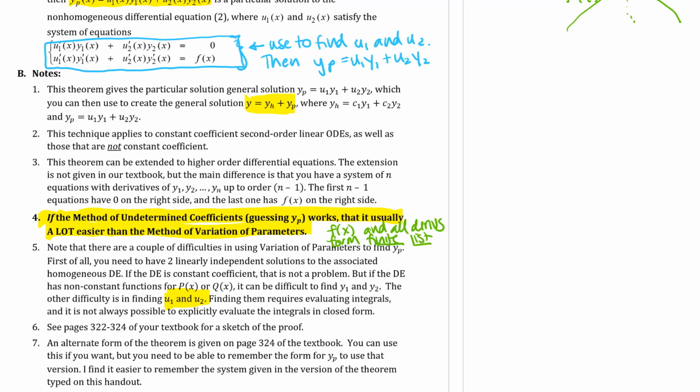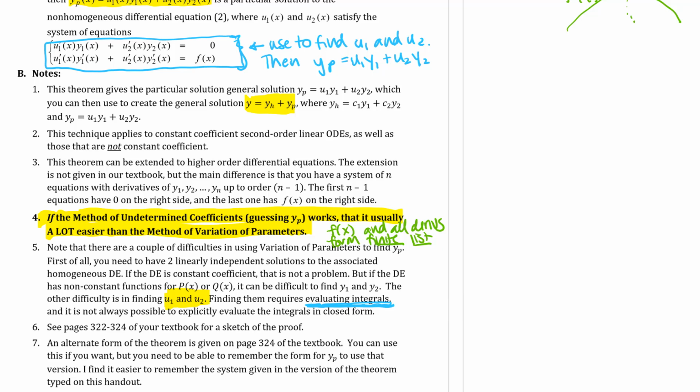And so I'm going to have to evaluate some integrals to do that. And so sometimes that's easy enough, not too hard. Example 8 that we're going to look at here is pretty straightforward. So is example 9, but you know that you could have some integrals that are pretty crazy to try to evaluate, or maybe are impossible to evaluate in closed form. So that's one issue with using this method.